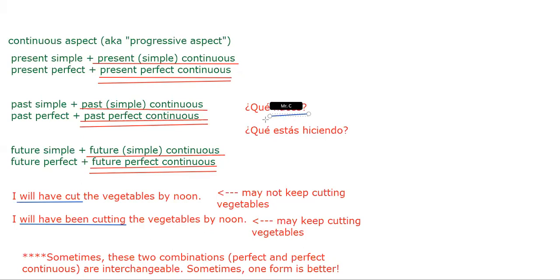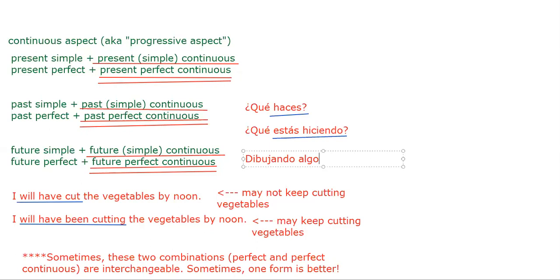So, ¿qué haces? What are you doing? Versus ¿qué estás haciendo? Which is present progressive or present continuous. So here, people use these interchangeably to mean what are you doing, but the second one just places a stronger emphasis on the fact that the action is ongoing, but you could use either one and it wouldn't matter. And people would reply, say, dibujando algo, like drawing something.